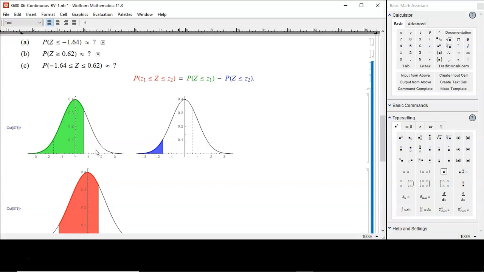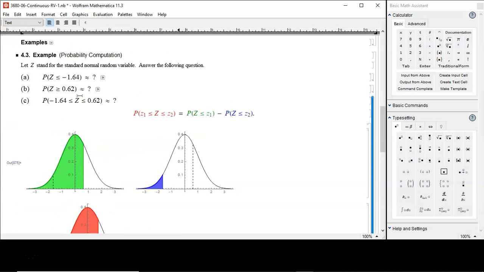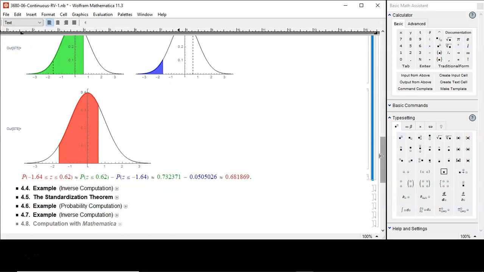Draw the picture and you'll see green minus blue. So all you need is a subtraction. Look up green, for 0.62, look up the table. We discussed how to do this in part B. And blue, we discussed how to do that in part A. Subtract one from the other, then you get the middle part.